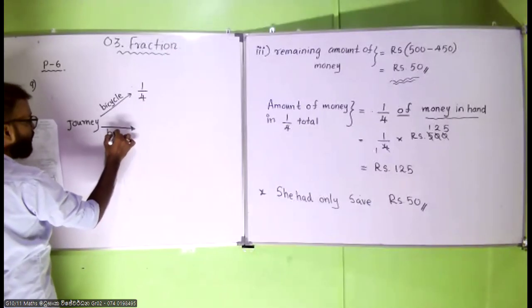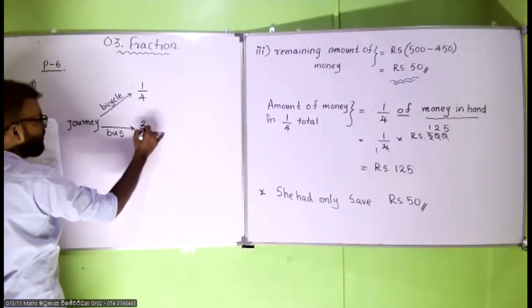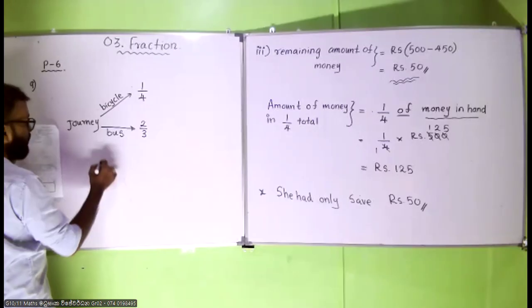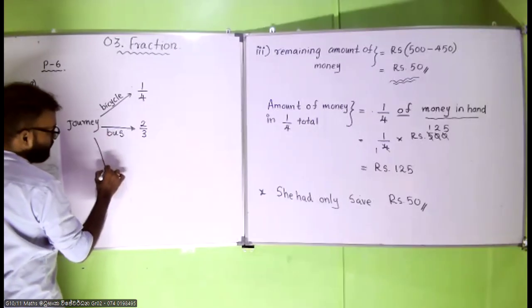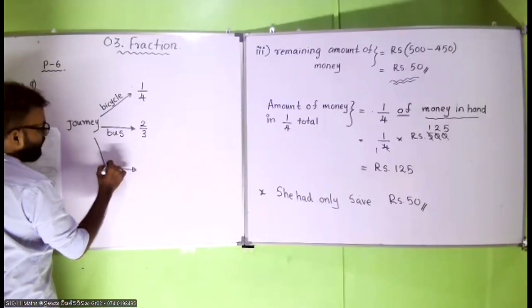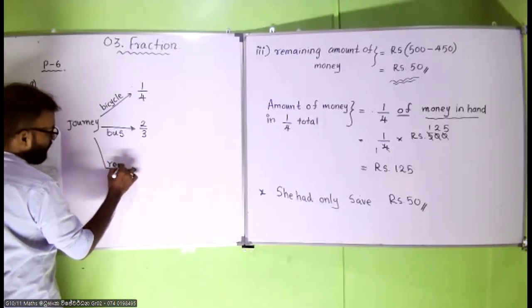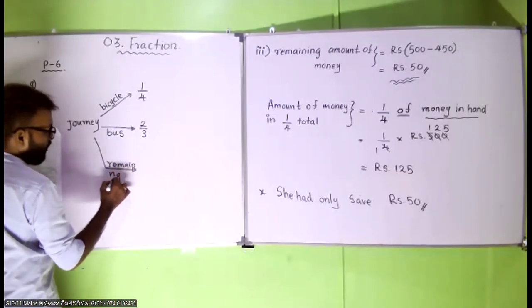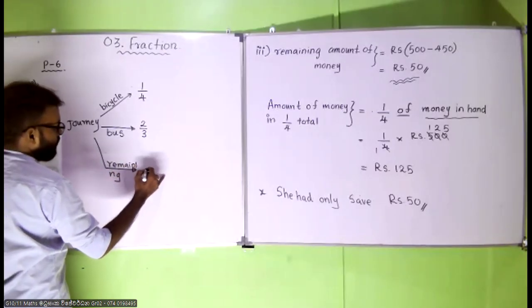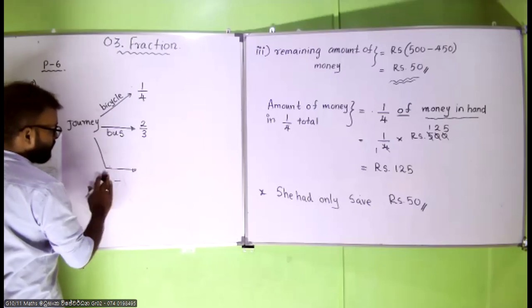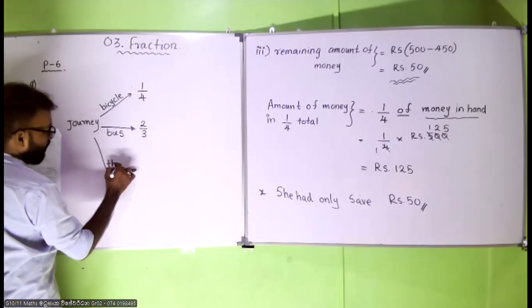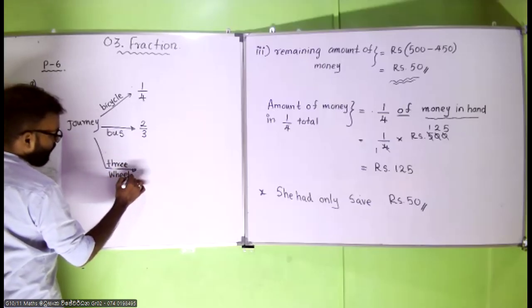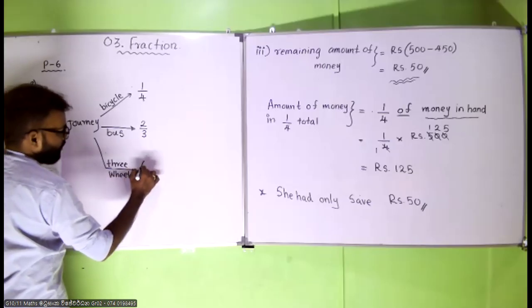Then 2/3 by bus. Then the remaining portion by a three-wheeler. Remaining portion.